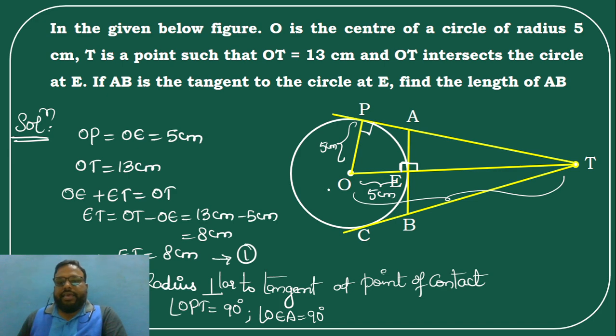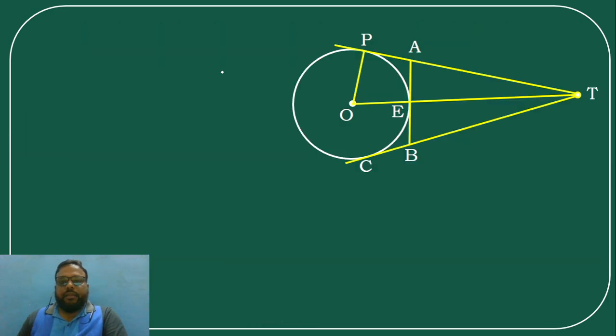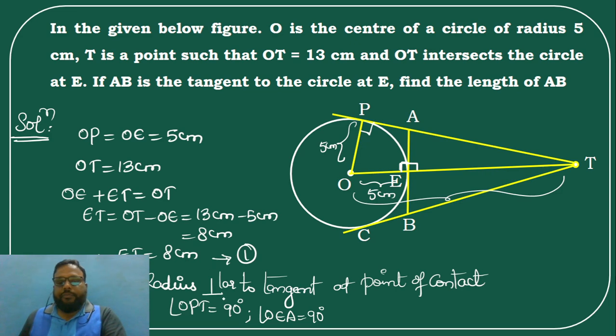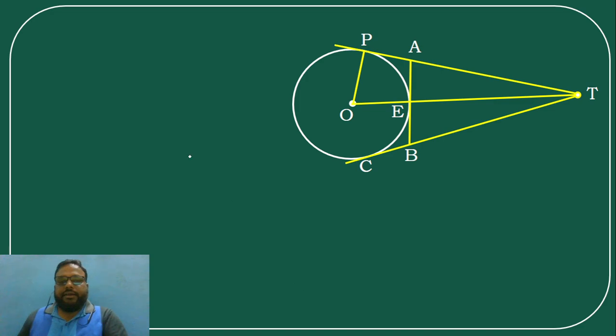So if OEA is 90 degrees, obviously AET also will be 90 degrees. From the last case we got angle OPT is 90 degrees and OEA also is 90 degrees. Since angle OEA is 90 degrees, angle AET also will be 90 degrees. So we reached up to this point. This is 90, this is 90, so this also will be 90.